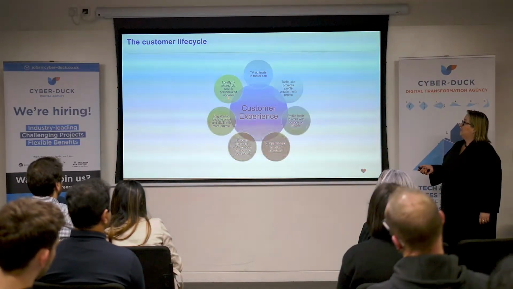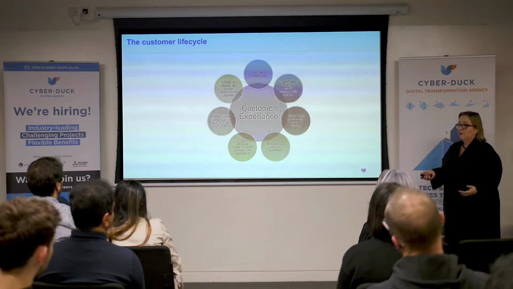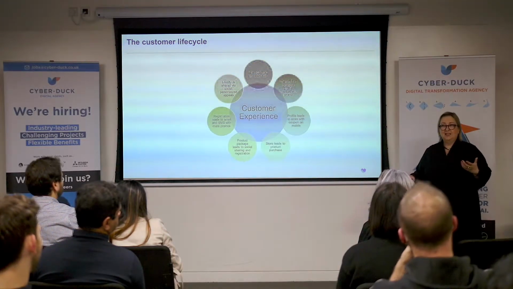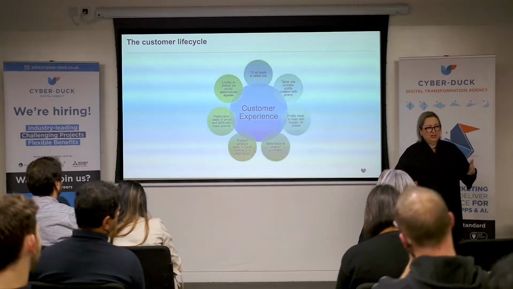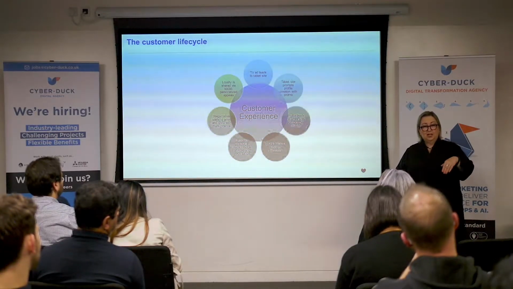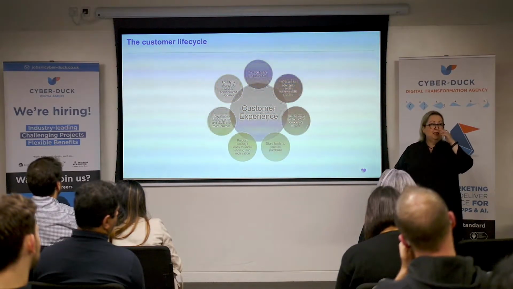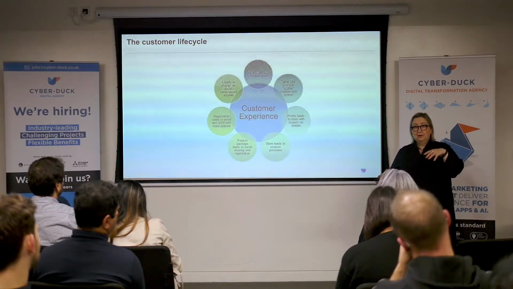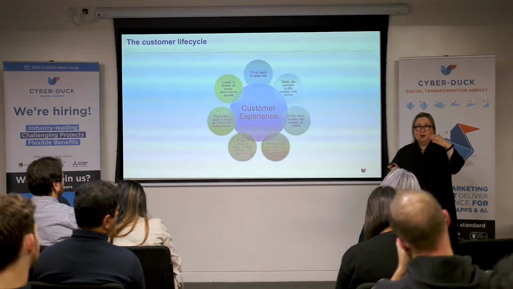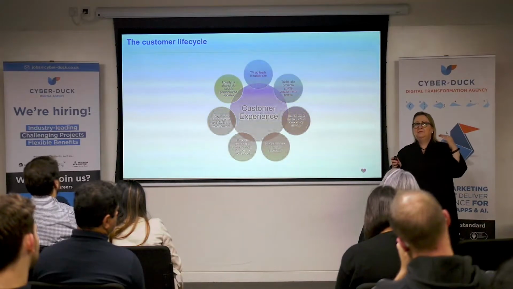Each one of these steps requires something different in content. So not only are you dealing with the content lifecycle, but you're dealing with the customer lifecycle, and probably the product lifecycle. And when you put those three together, it's really hard to keep them all in sync.